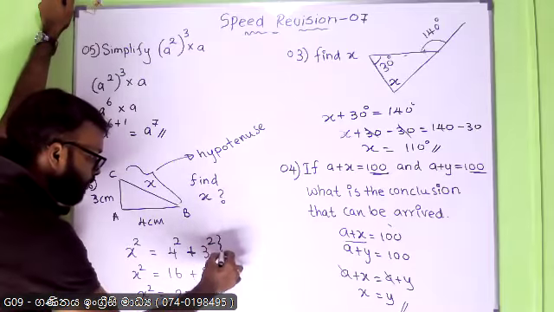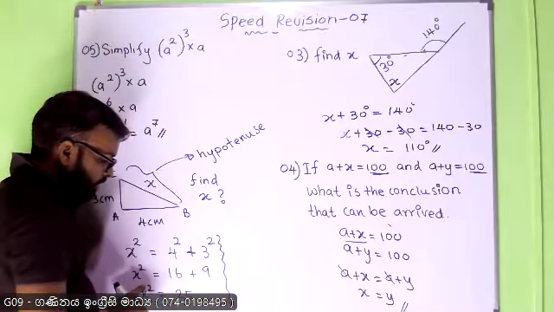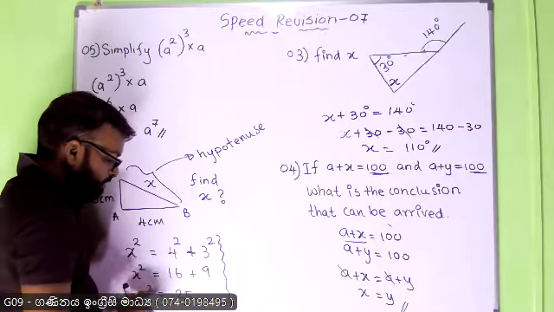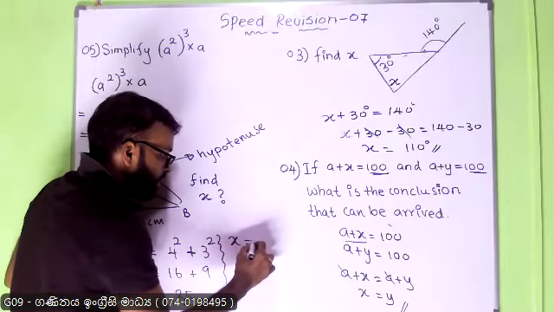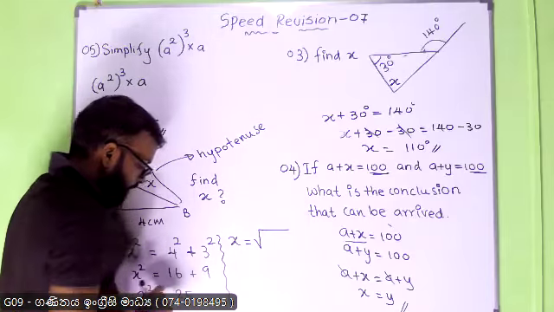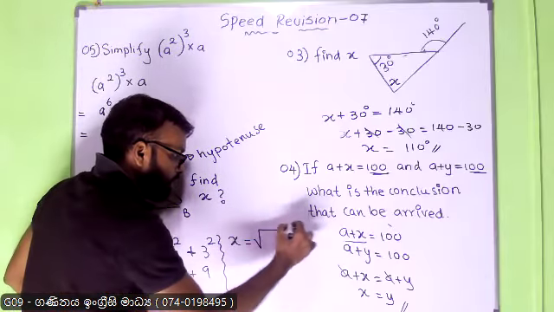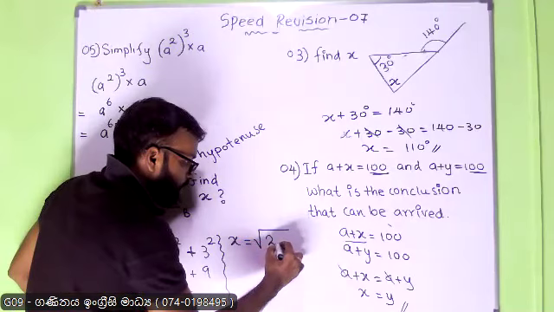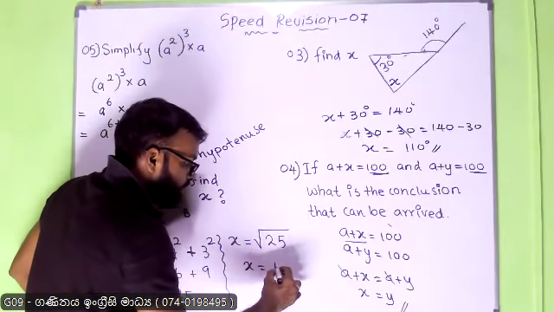I have told you, when you have x squared and you take this square term to your right hand side, what would it become? It would become the square root of 25. So you know the square root of 25 is 5.